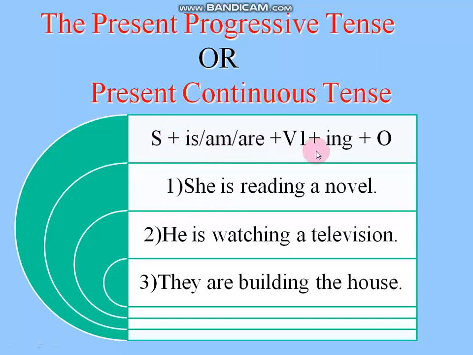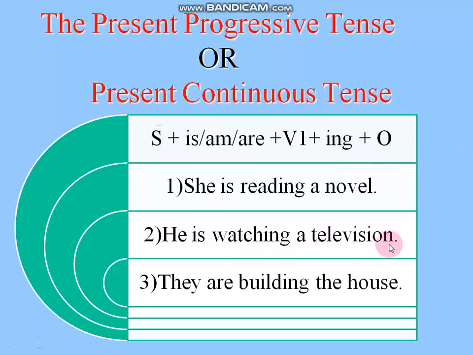S plus is/am/are plus V1 plus ing plus O. For example, she is reading a novel. Now she is the subject, is is the auxiliary verb, read is the main verb and the ing suffix is there. This is the pattern of present continuous tense.